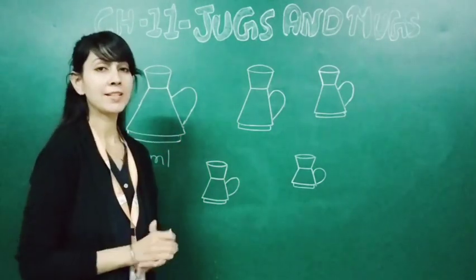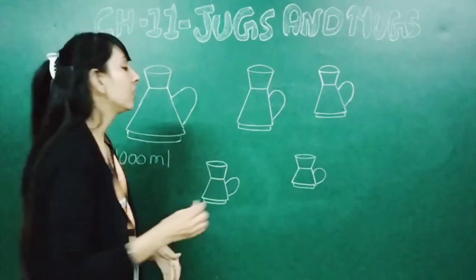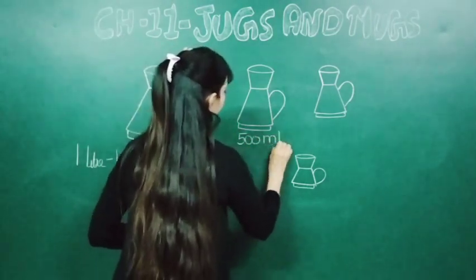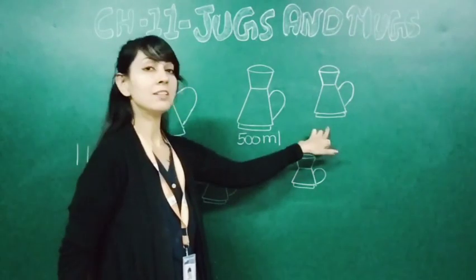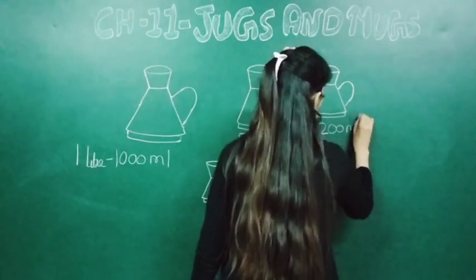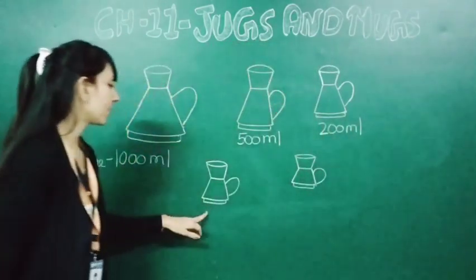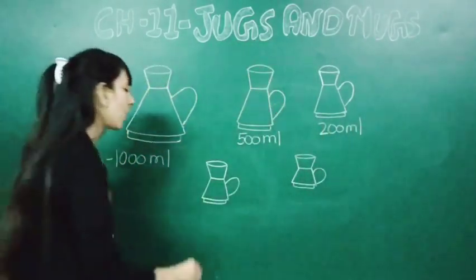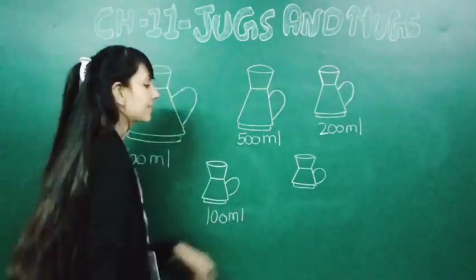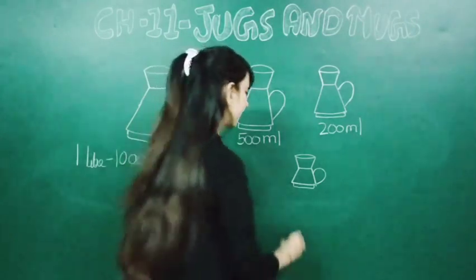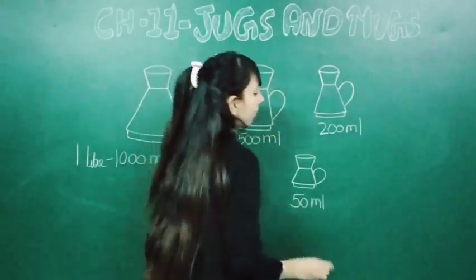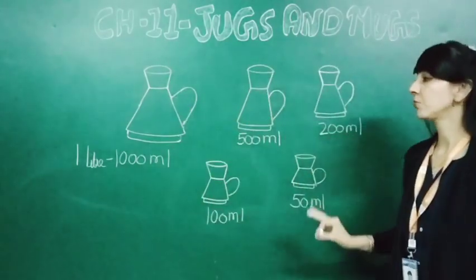Now next you can see its capacity of 500 milliliters. This one 200 milliliters. This one you can see is of 100 milliliters. And this last one 50 milliliters. So these kinds of different containers you can find.